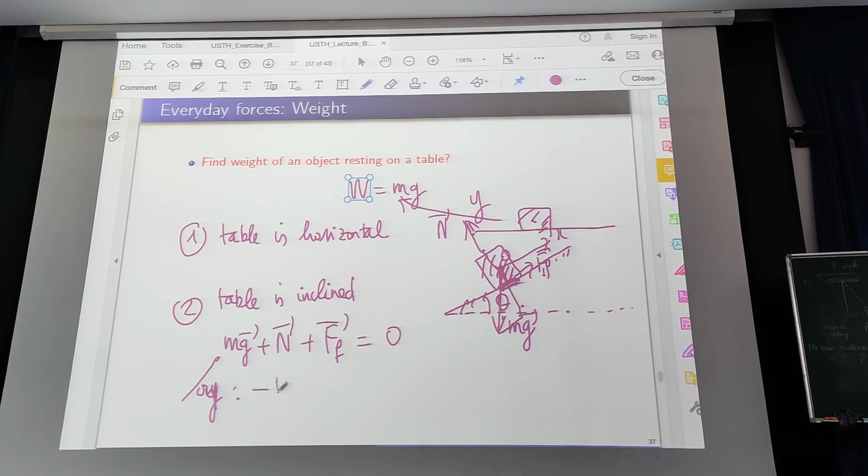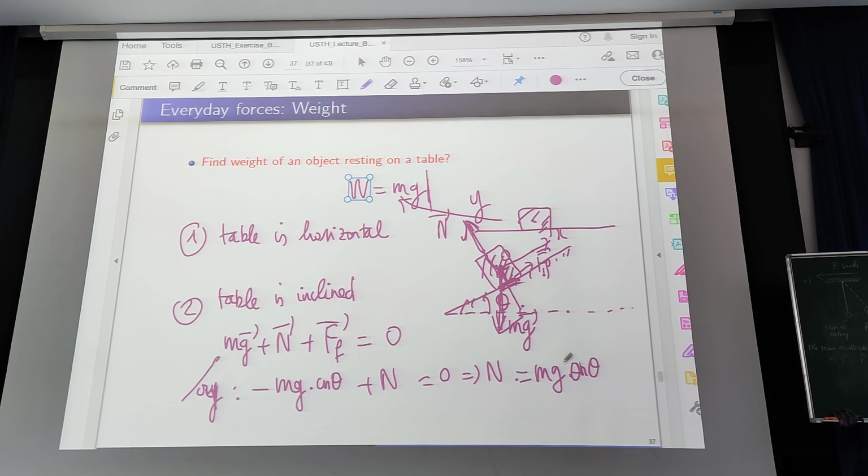Minus mg cosine theta, minus because this is pointing down and OY is pointing up. Alright? N is plus N, friction is 0, so you get 0. So from here you get N equal to mg cosine theta.